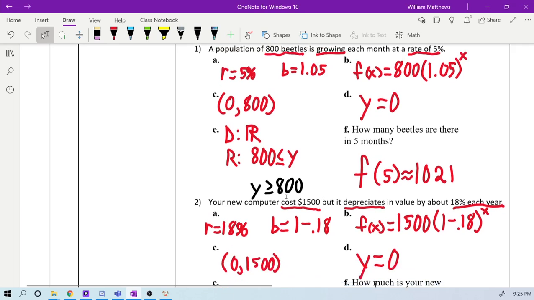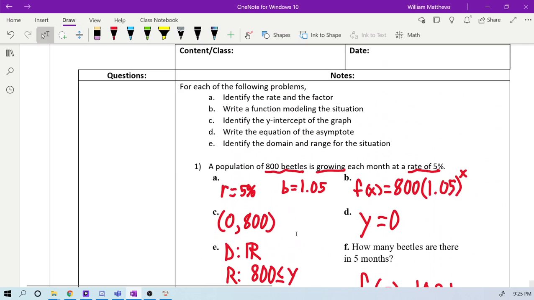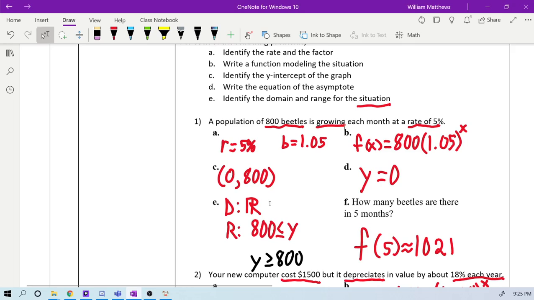Last, we need to identify the domain and range of the situation. Now, I think I made a mistake on the last one. Of the situation is the key here. So for this, our domain would not be all real numbers.